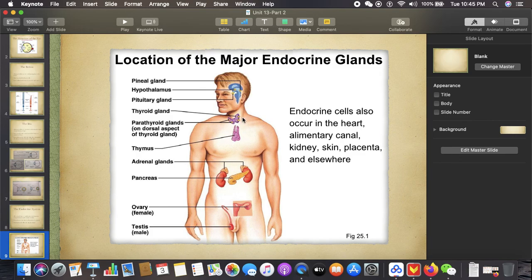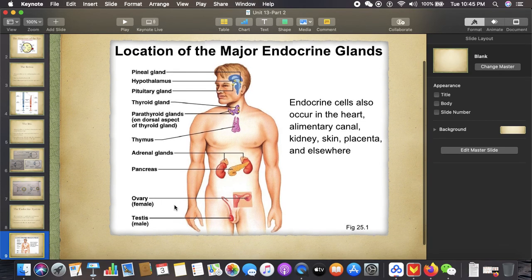The third one is the adrenal glands, which are slightly behind and above the pancreas. And the next two are the ovary in the female reproductive system, which releases eggs, and the testes, which are in the male scrotum. The ovaries produce estrogen, a female sex hormone, and the testes produce testosterone, which is the male sex hormone.